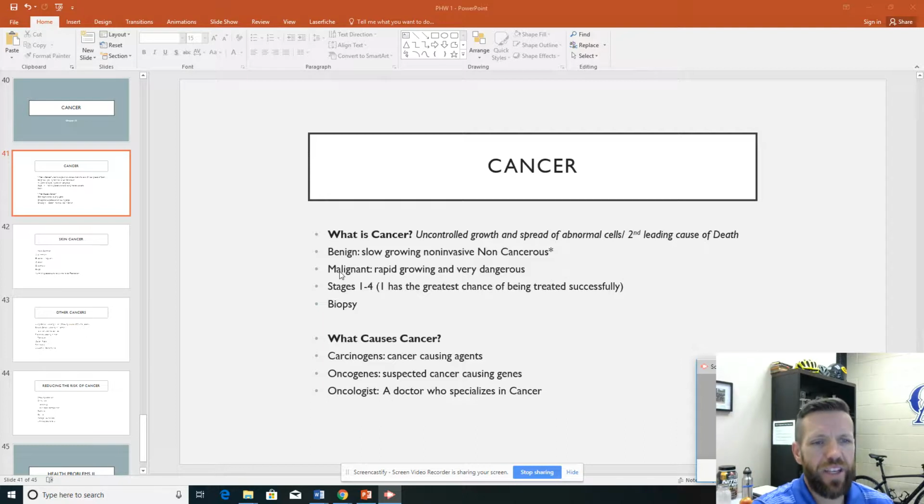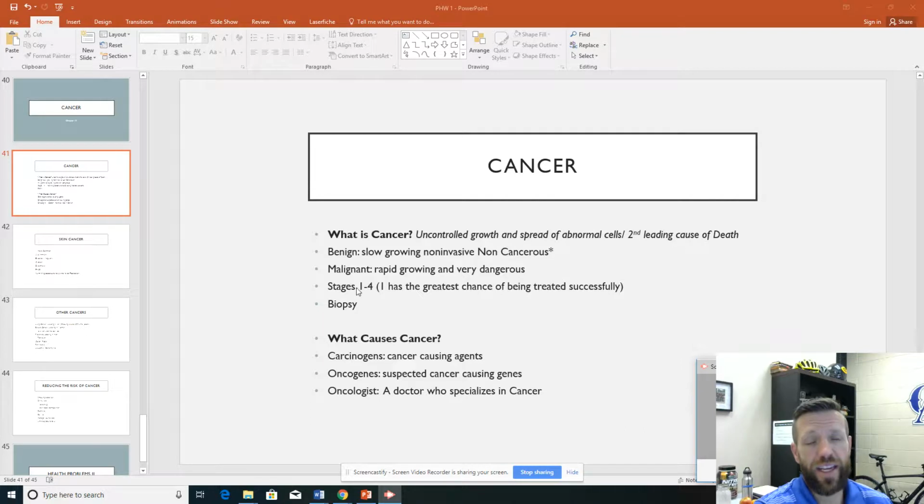These are things that we sometimes see in folks who may have a tumor developing, and hopefully that's all we ever see. The next side of this, though, is that sometimes that abnormal cell growth is considered malignant, and that is that it's rapidly growing and it's very dangerous.